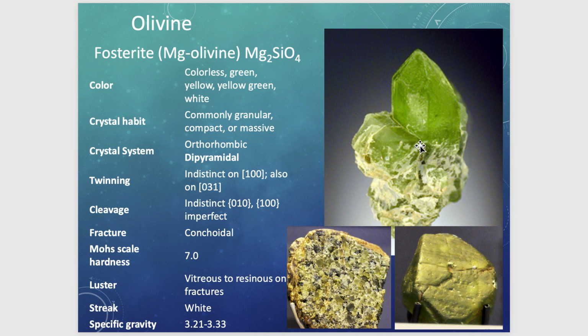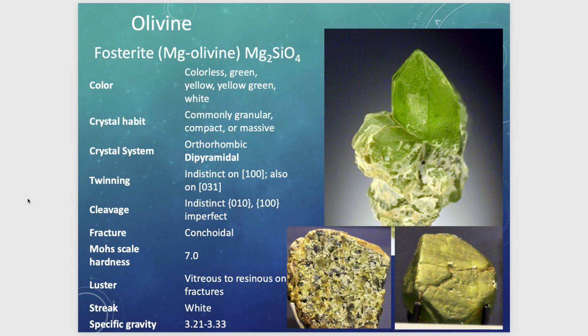I would say that olivine is commonly orthorhombic, so you will mostly see stubby crystals, but they are prisms that are slightly elongated, and the twinning is not really well defined. In fact, it states here that it is indistinct, and so it usually, like quartz, displays conchoidal fracturing.